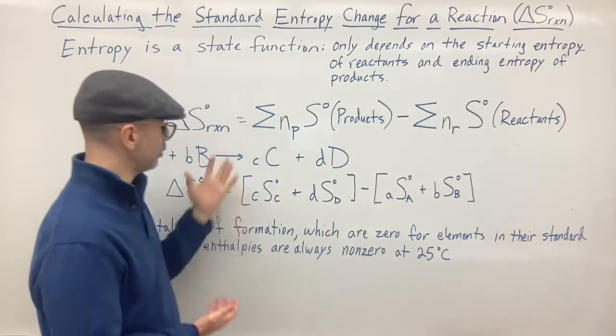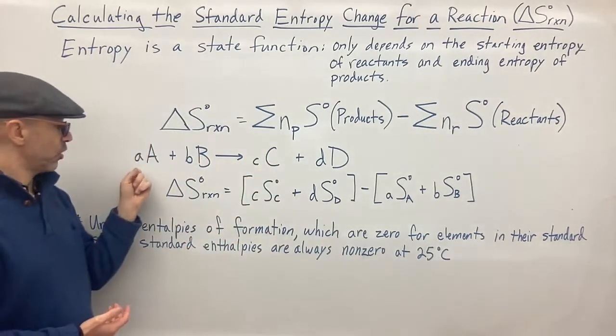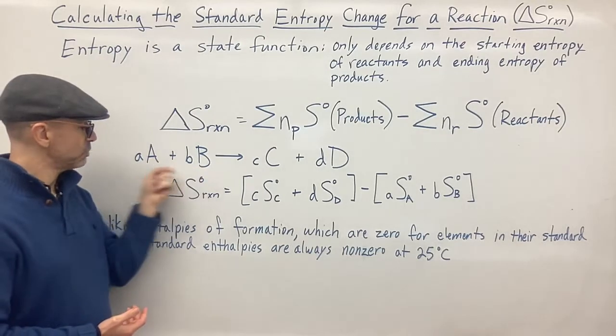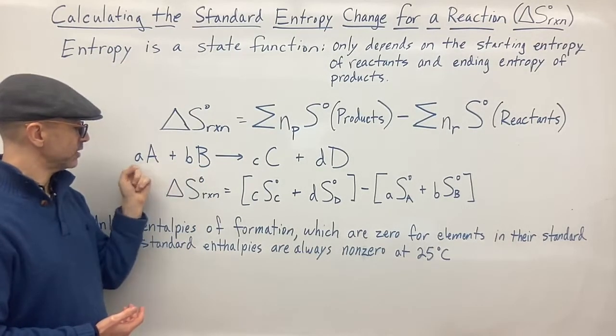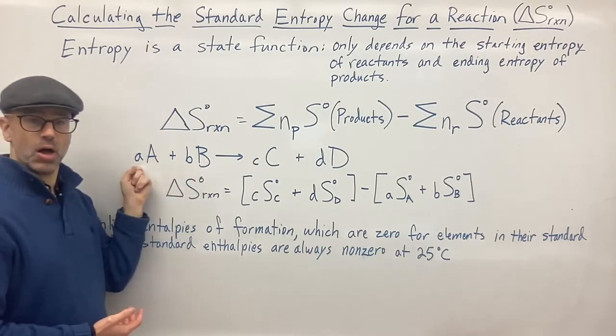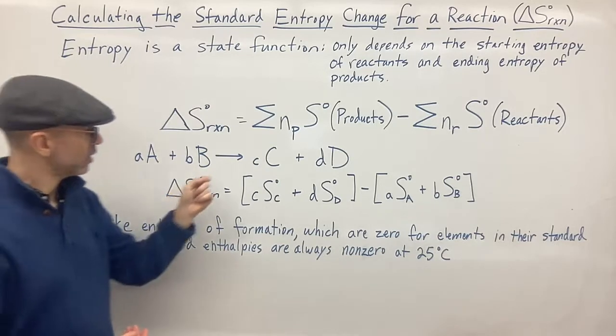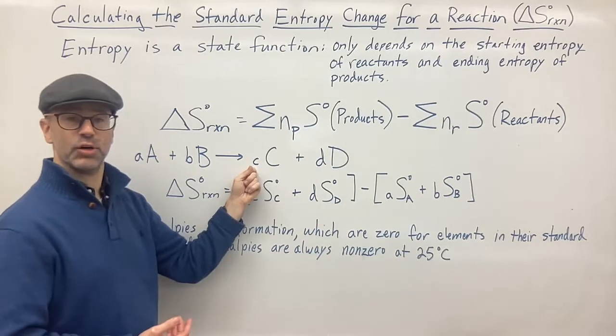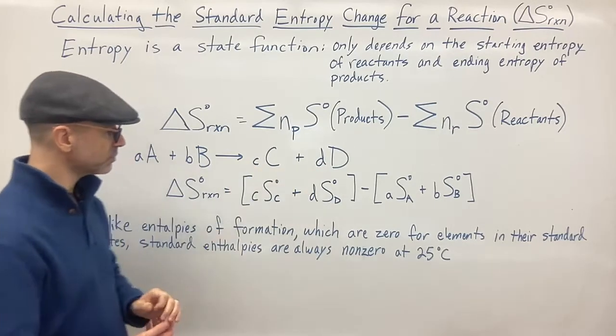So here's an example, a generic equation. I have substance A plus substance B reacting. These are my reactants, and the coefficients are small a and small b, and they're going to produce substances C and D, with coefficients small c and small d.